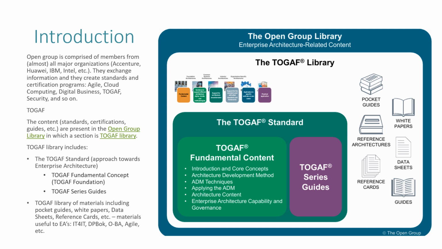Now, the contents are present in the Open Group library. In that, there is a section called the TOGAF library, and the TOGAF library includes the TOGAF standard. And there is a TOGAF library of materials, which are pocket guides, white papers, data sheets, reference cards, etc. They're all actually useful materials for EAs.